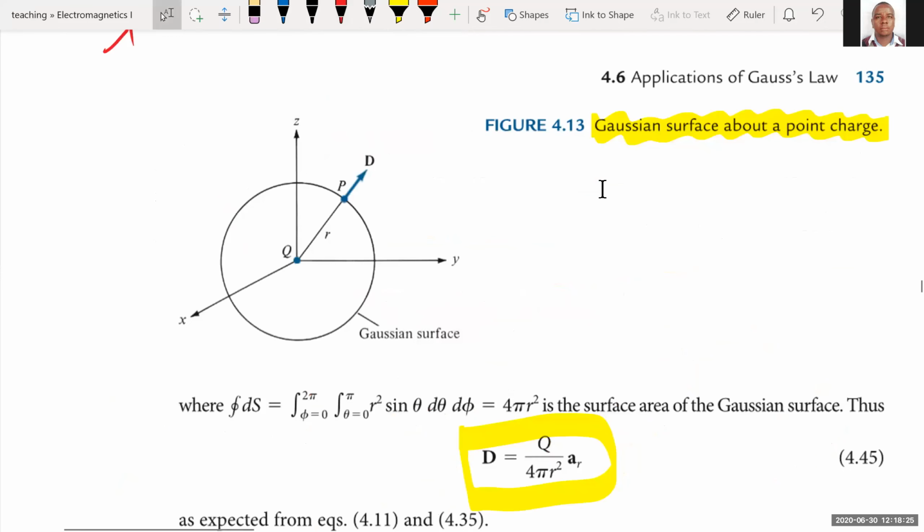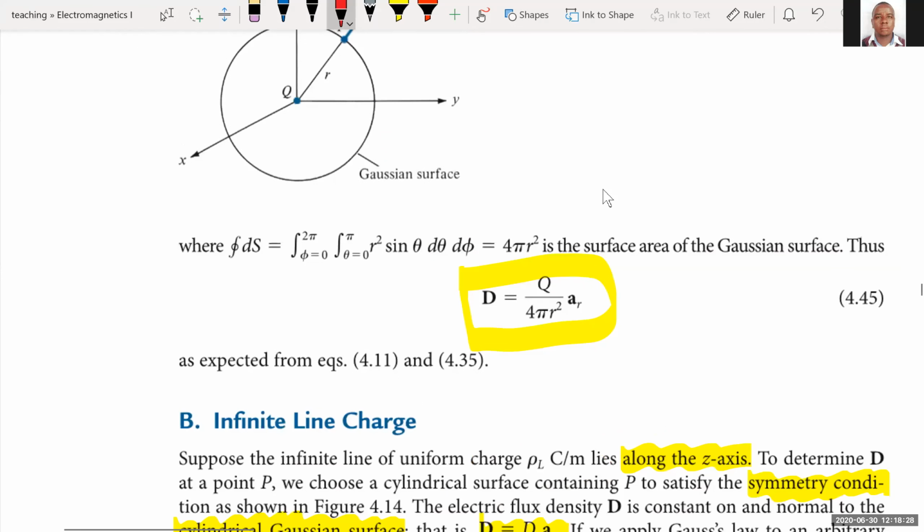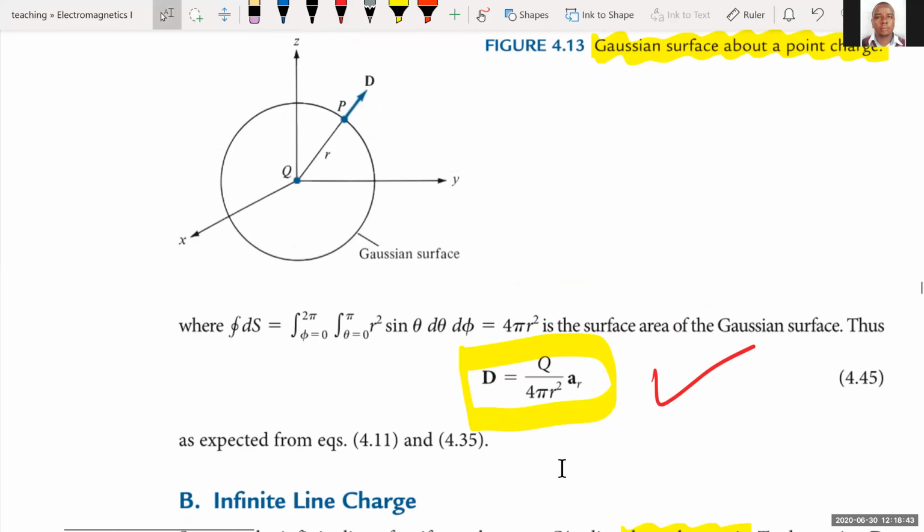And that equation, of course, agrees with what equation 4.5 says, that the electric flux density due to a point charge Q at point P can be described by equation 4.5, which evaluates D at distance r from Q, giving you the value of D. Notice that it is a vector; it is pointing in the direction a_r.